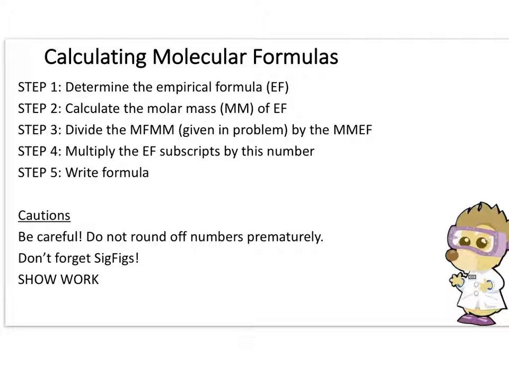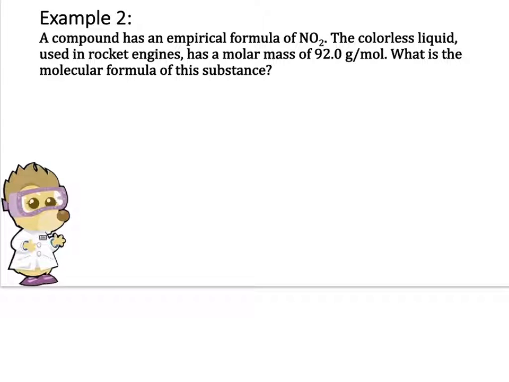And then we're going to multiply the empirical formula subscripts by the number that we have calculated, and then write the formula down. Again, show your work. Don't forget about sig figs, etc., etc.